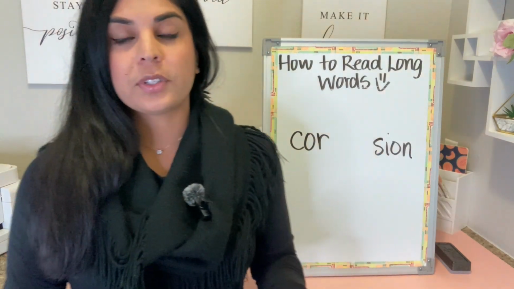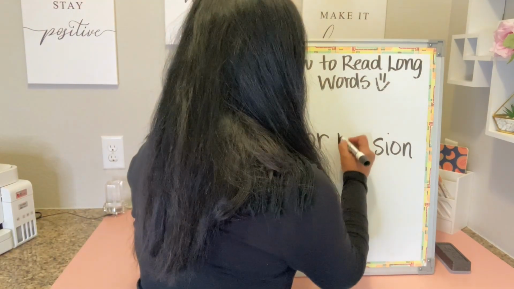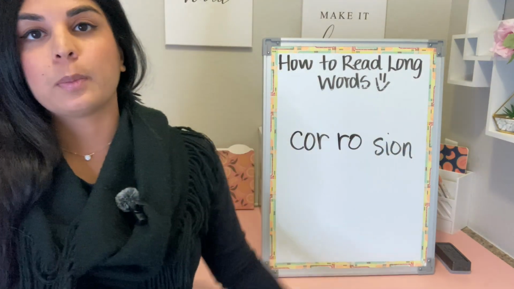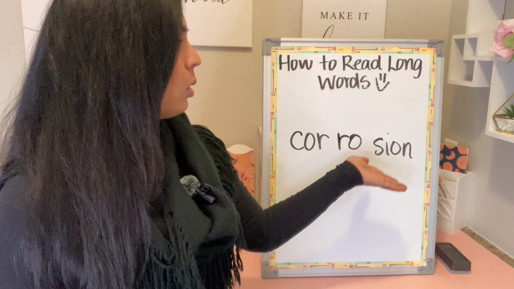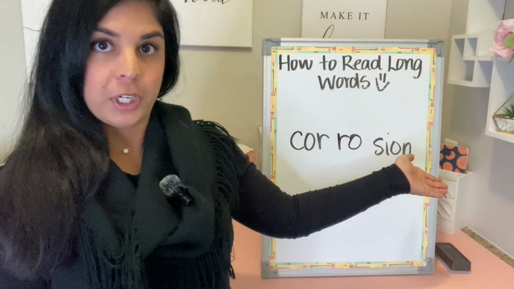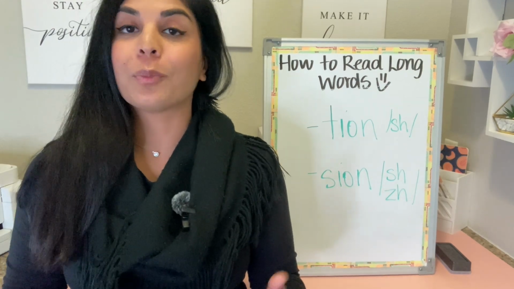And the next syllable says o, row. And the last syllable will say zhun. I'm going to put it together. Core, row, zhun. Corrosion.